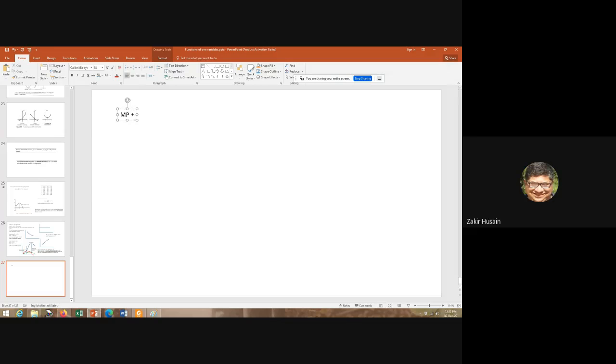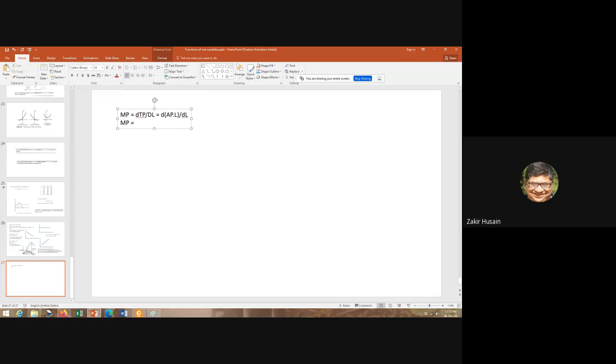You remember this? It will be AP plus L into dAP over dL. You remember this derivation? Yes, sir. So we had shown that when MP is rising, what was the relation?